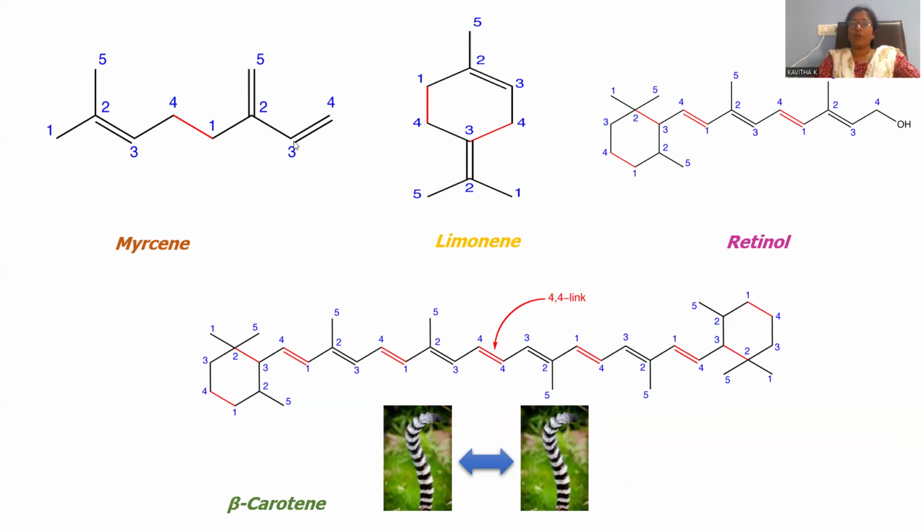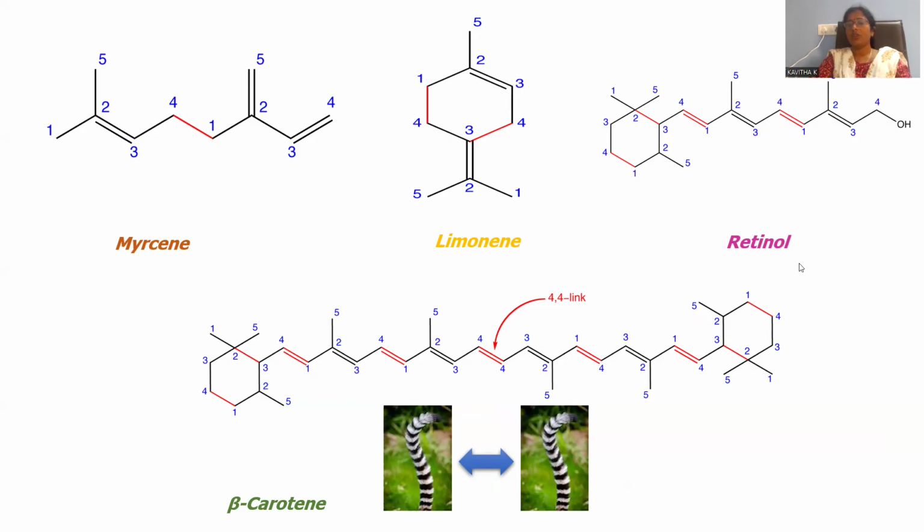Myrcene is a kind of open chain, and limonene is the example for a cyclic compound. That is because both the ends of one isoprene can join with another isoprene, so that an annular system will be generated. Again, it is a part of monoterpene only, but it is the annular system. Limonene is the example. Head to tail: head means the first carbon, tail means the fourth carbon.